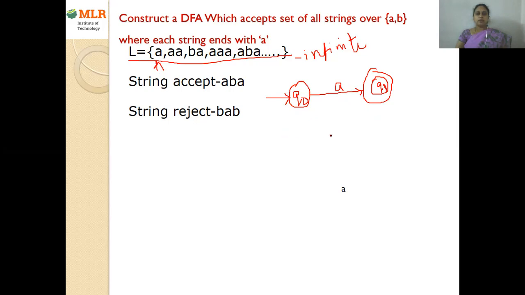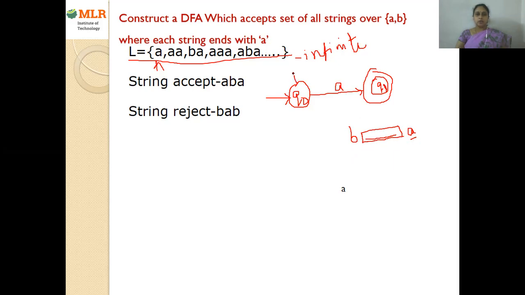Now, if I see b, suppose you find b at the starting, you may get a at the end. You may have any number of b's, after this you may get a, and you need to wait until you get a.